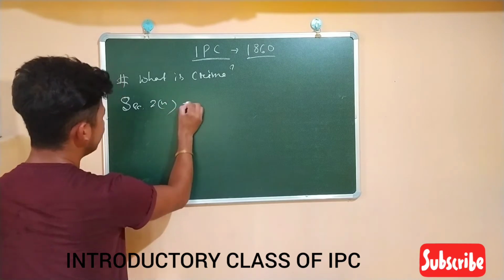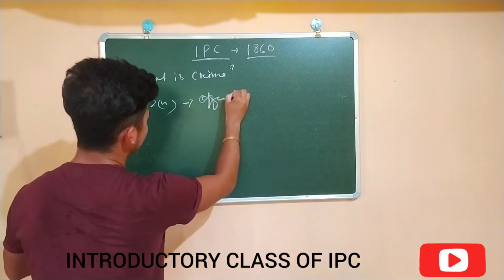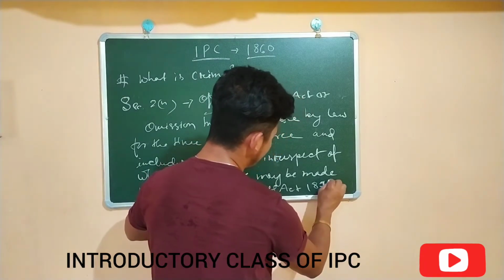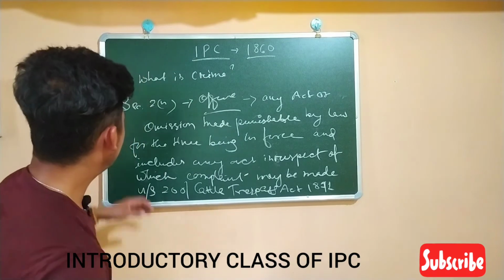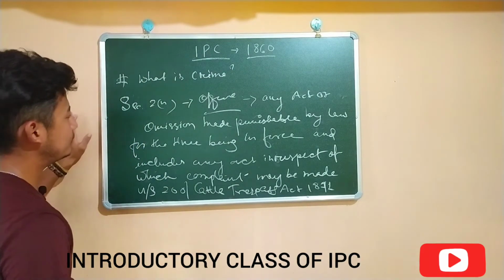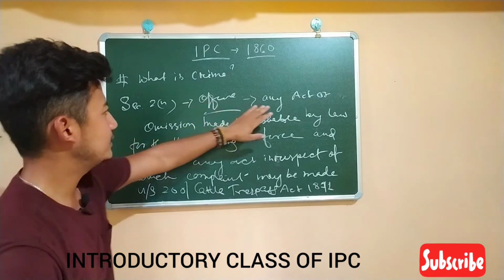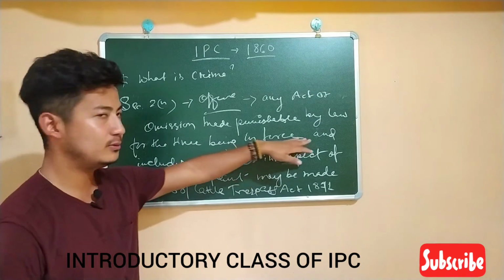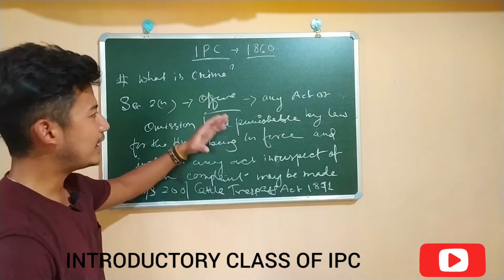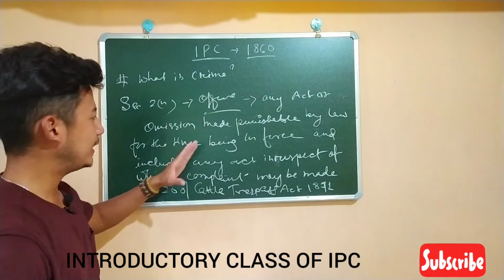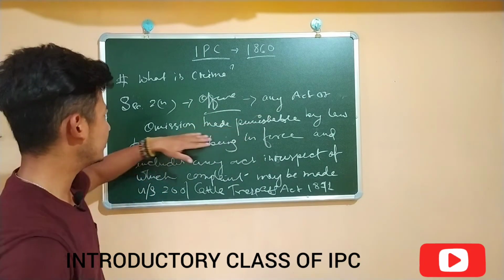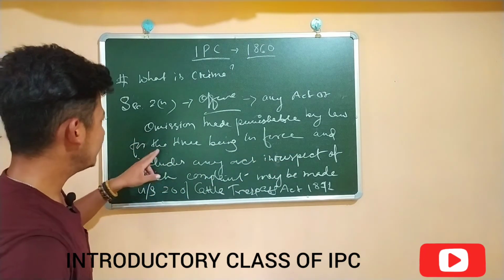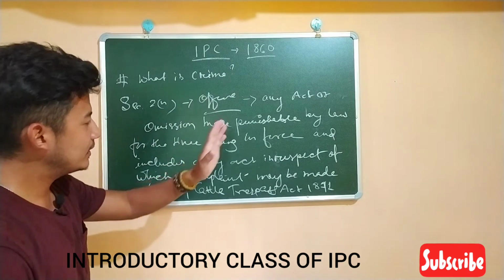Section 2(n) also defines the term offense, and it says any act or omission, as I have told you, made punishable by law for the time being in force. It could be the IPC or any act which prohibits or makes an act punishable. All of them will be counted here.